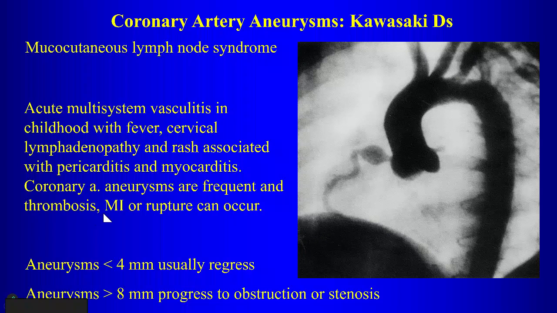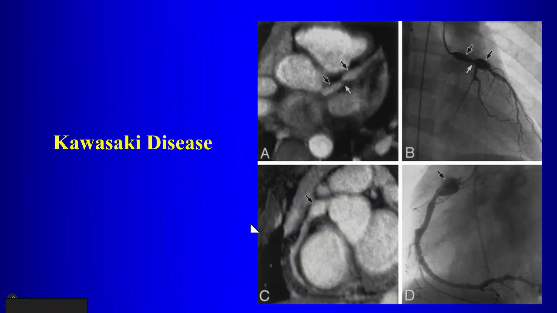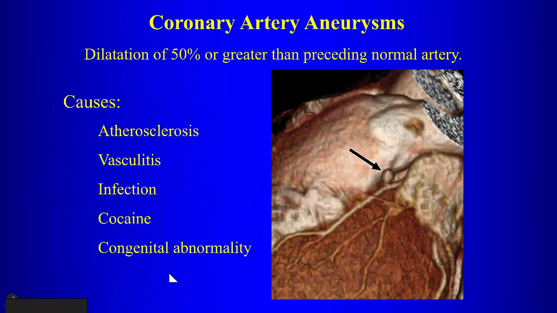Depending on their size, that can determine the natural history. Aneurysms less than 4 millimeters usually regress. Aneurysms greater than 8 millimeters can progress to obstruction or stenosis. So if we have a young person with coronary artery aneurysms, especially multiple, we want to make sure to think about Kawasaki's disease.